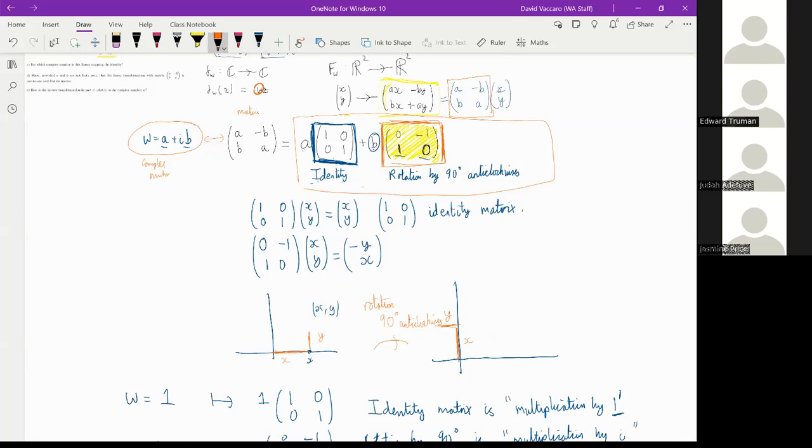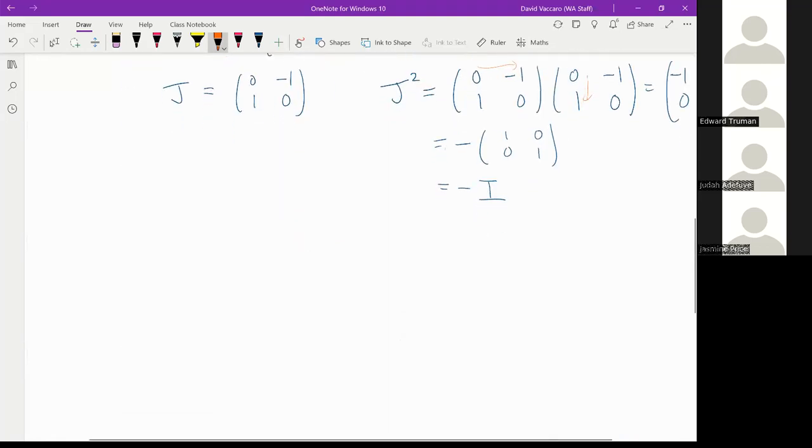And then geometrically, we know that multiplication by the complex number i is rotation by 90 degrees anti-clockwise. Okay, so what that means is that, and this isn't what happened historically, we never needed to introduce complex numbers.